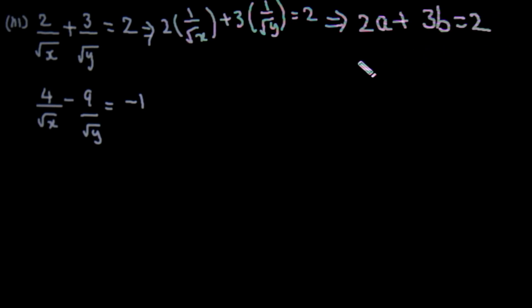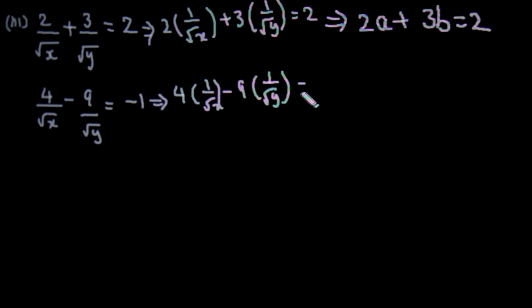This is one equation. In the same way, try to write this one. It implies 4 into 1 by root x minus 9 into 1 by root y is equal to minus 1.